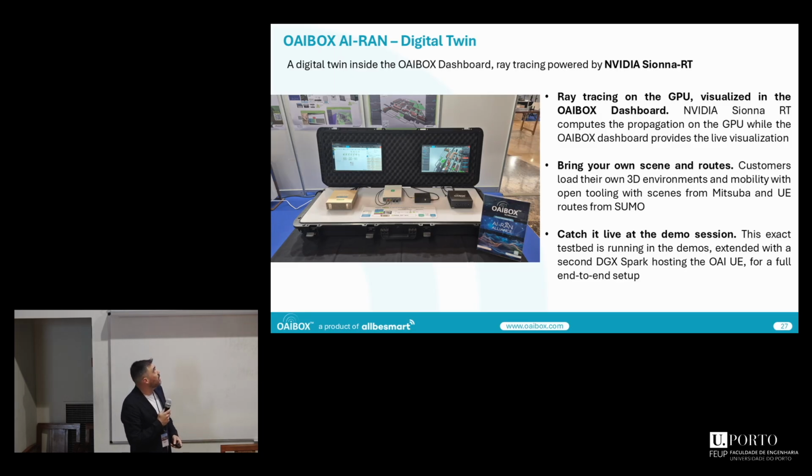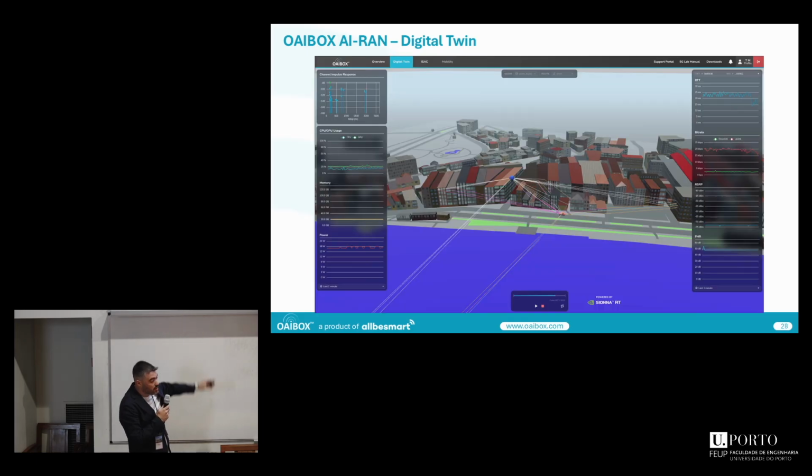Not this testbed as it is here in the picture, but with the 3D model from the downtown of Gaia in this case. Where you see the blue dot, which is representing the gNodeB, is actually the place where we are going to have the gala dinner later today. So you are more than welcome to check this out also at the demo section.